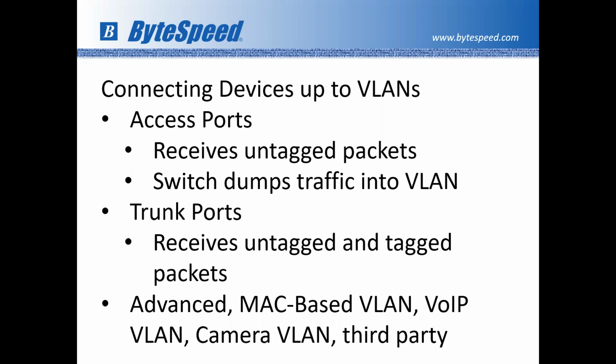Then some switches have more, quote unquote, advanced features: MAC-based VLAN, VoIP VLAN, camera VLANs, third-party VLANs. The county I'm working with has HP switches. It has a VoIP VLAN, and pretty much that is just a pre-configured MAC-based VLAN where we know that Cisco phones, Yealink phones, Mitel phones all have the first part of the MAC address similar or the same.